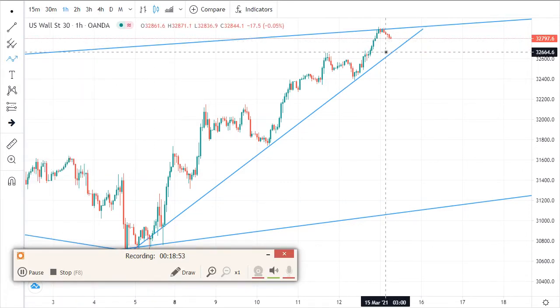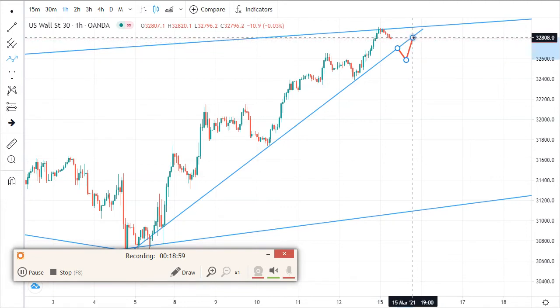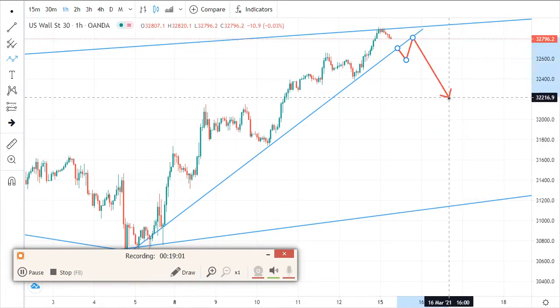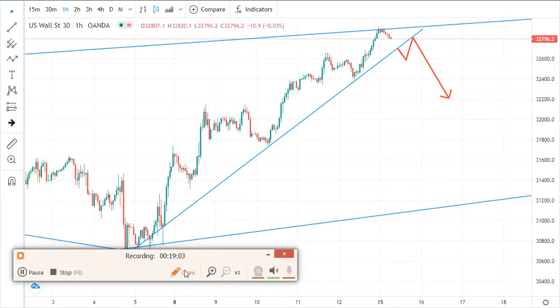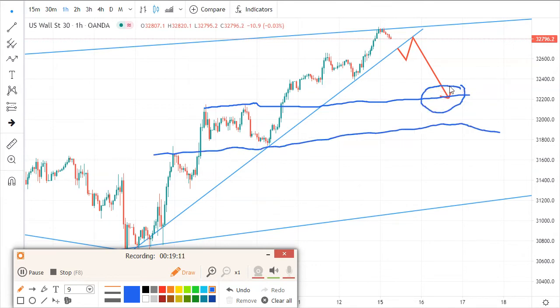If the market comes here and breaks, we will wait for the market to come and retest. Then we can say the market will go lower, but this resistance and support will also be here, so there's a possibility that the market can come here and push higher again. Because actually it's not like the market is bearish, but the market has to breathe. The market has to retest.